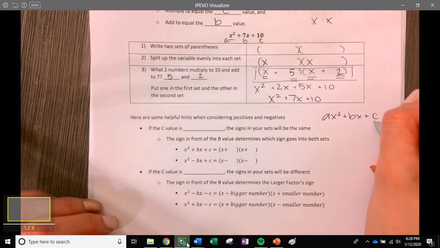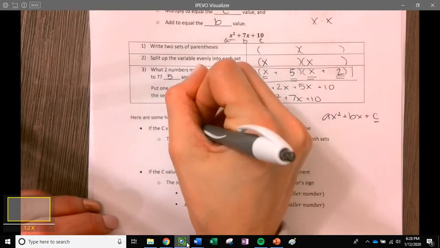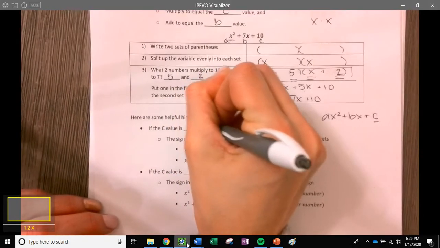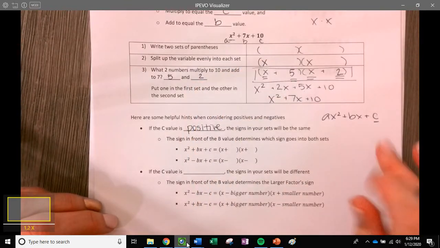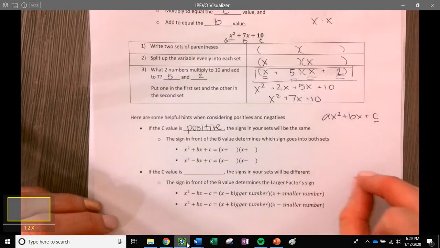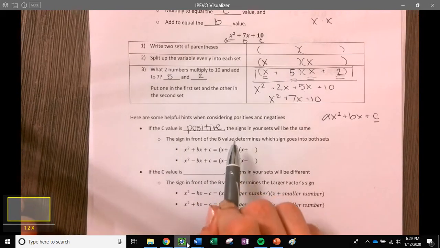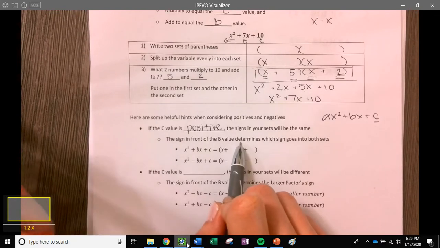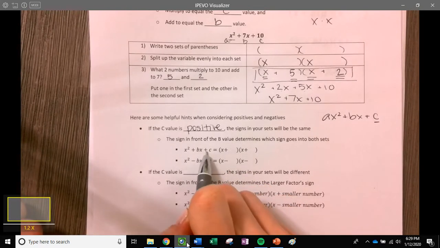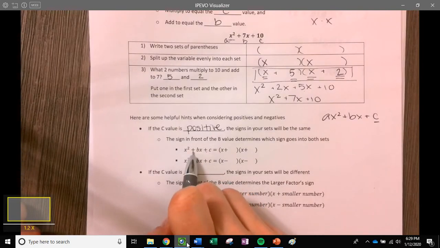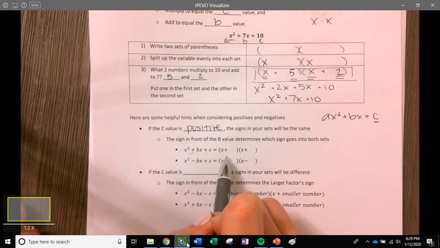If the C value is positive, so if you have a plus sign in front of the C value, then the signs in both of your sets of parentheses will match. They'll be the same. And we use the sign in front of B to figure out what sign we're going to use. So if you have a plus sign in front of C, both signs will be the same, and they will both be plus signs because that's what's in front of B. You'll have x plus and x plus.